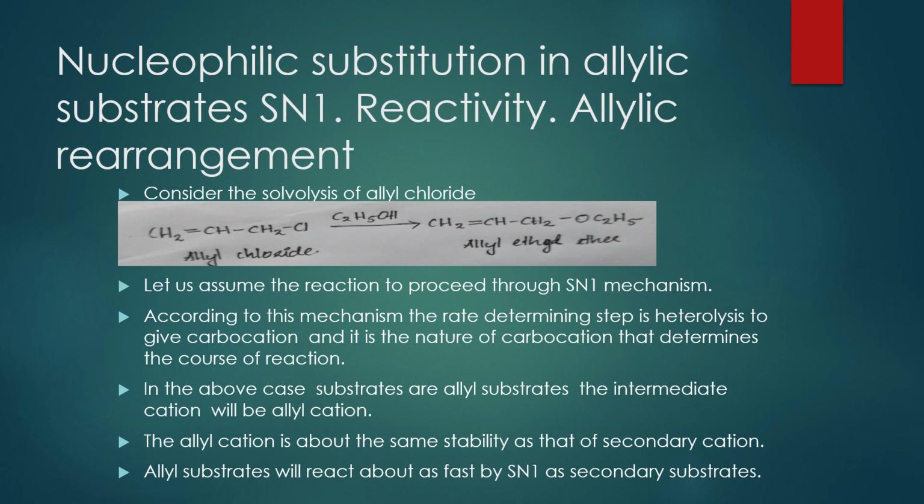In the previous topics we have seen that the allyl cation's stability is the same as that of a secondary cation, because the allyl cation is a resonance hybrid of two different structures. Even though it is a primary cation, its stability is the same as a secondary cation, so it can undergo SN1 reaction as fast as a secondary substrate.